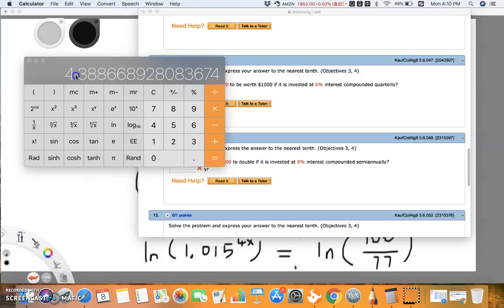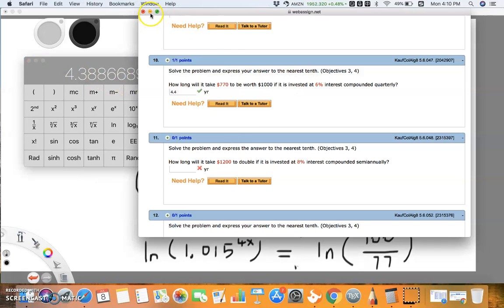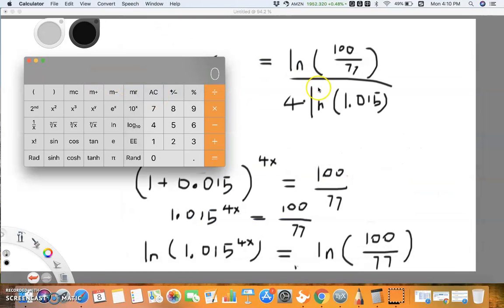Okay, let me do this again, if you don't know how to use the calculator. So first we compute this part. 100 over 77, and then you take the natural log. Then you divide by 1.015, and you click on the natural log.